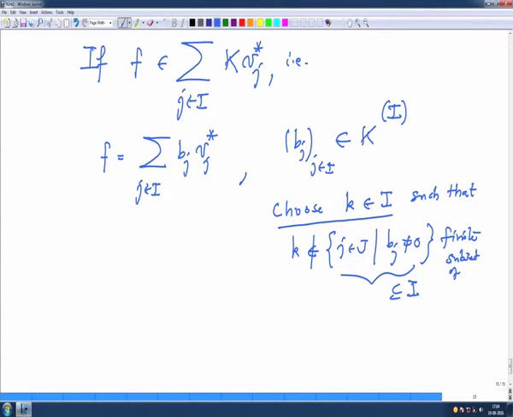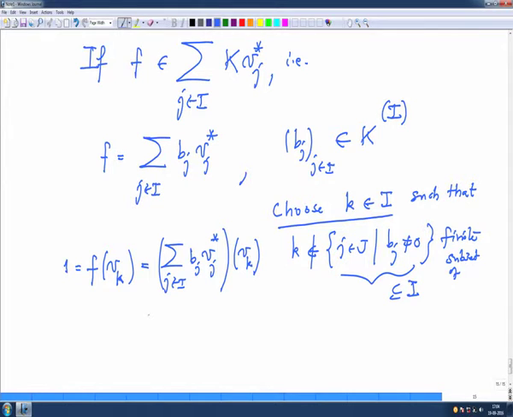And now, what will be F of v_k? Remember, our definition of F of v_k says the sum of the coefficients, but here there is only one coefficient, namely 1. v_k has coefficient 1 and all other v's have coefficient 0. So this is 1. On the other side, if it is an equality, then it will be the sum over j in I of b_j v_j star evaluated at v_k.